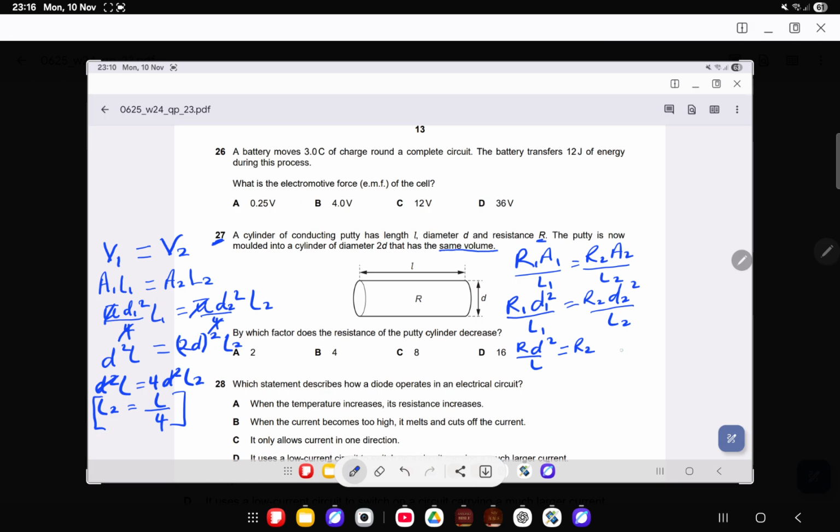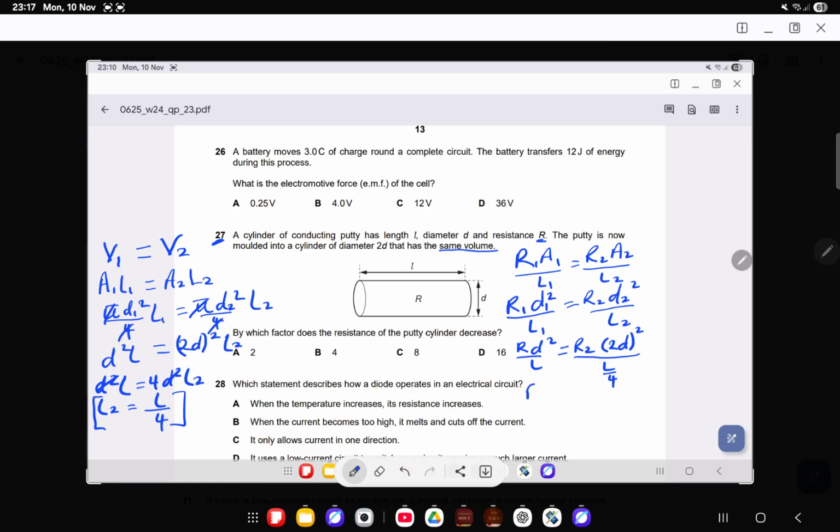So my diameter here now becomes 2D all squared over, remember, we found our L2 here, which was L over 4. So all you need to do is to rearrange it and make R2 the subject. So with that, I do my mathematics.